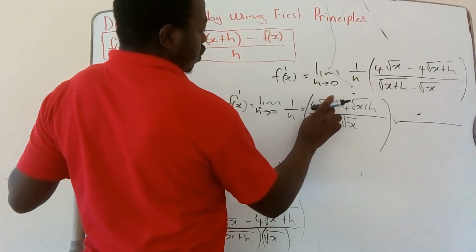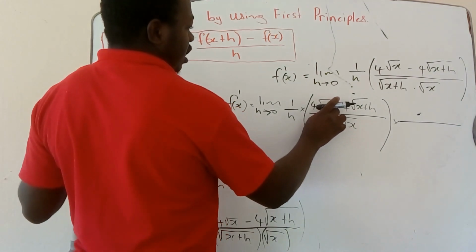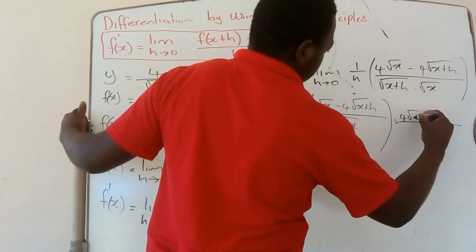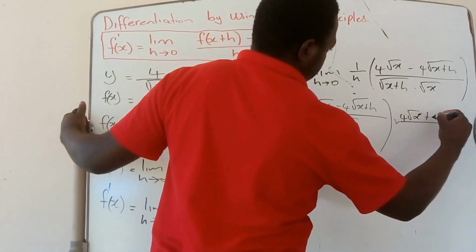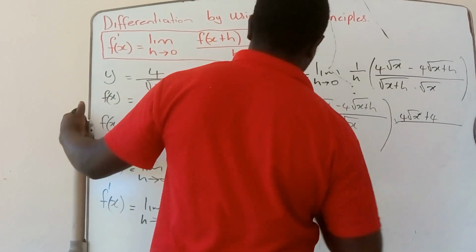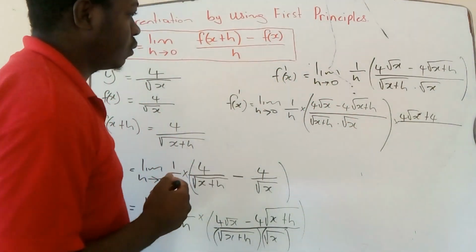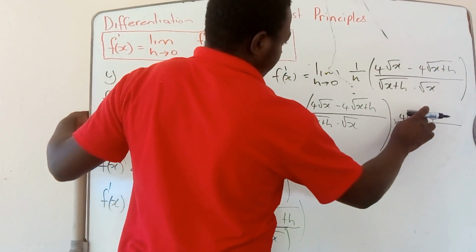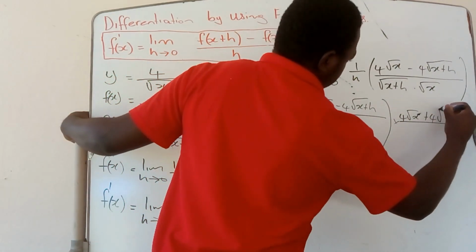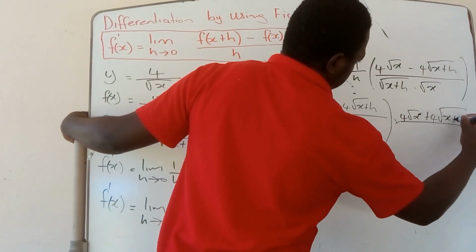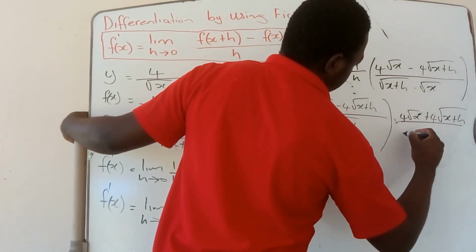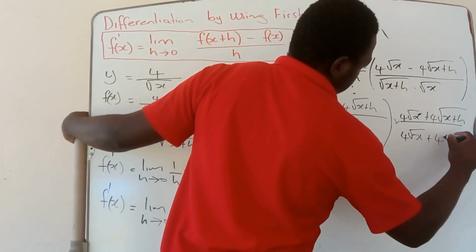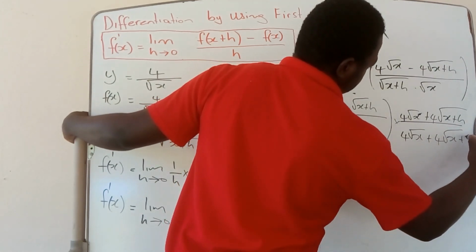All you're going to do is write it back and switch the negative sign to plus. So this becomes 4 times the root of x plus 4 root of x plus h, all over 4 root x plus 4 root of x plus h.